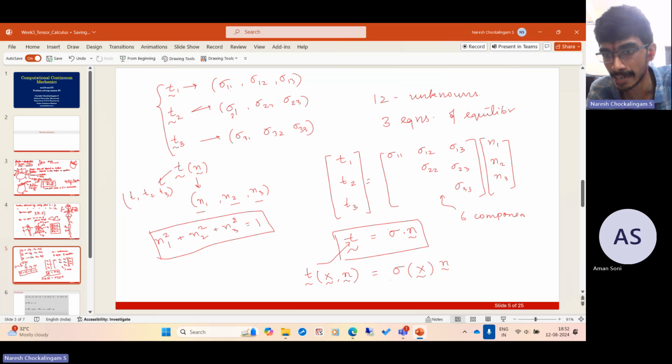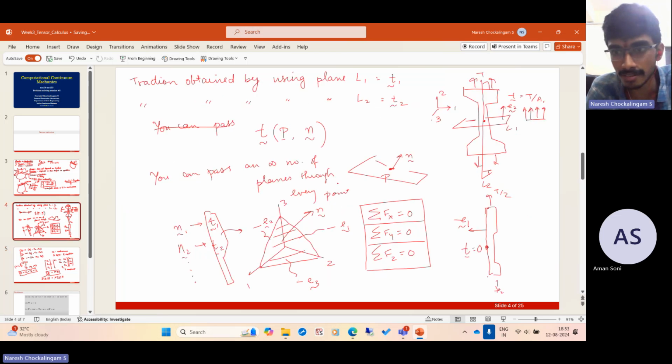So to characterize the internal force intensity at any given point, all that is required is the 6 components of stress. Given the 6 components of stress, you can ask the question of what is the traction on any arbitrary plane passing through that point. So this is a very powerful result in continuum mechanics, in solid mechanics. So that is what it is.